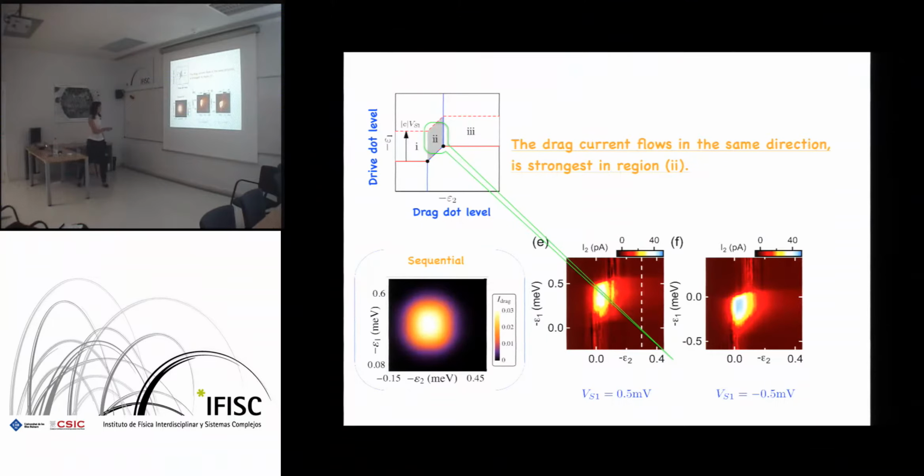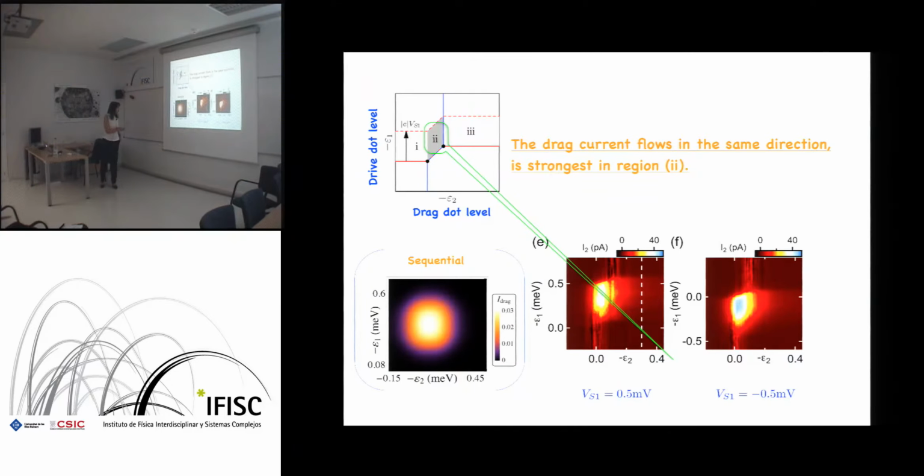So this is our result, including only sequential tunneling, and this is the result in the experiment. In the experiment, they see this spot, quite a symmetric spot, and also they see that here there is some non-zero current, within the order of picoamperes. And in the sequential regime, when we consider this theoretical model, then we don't see that.